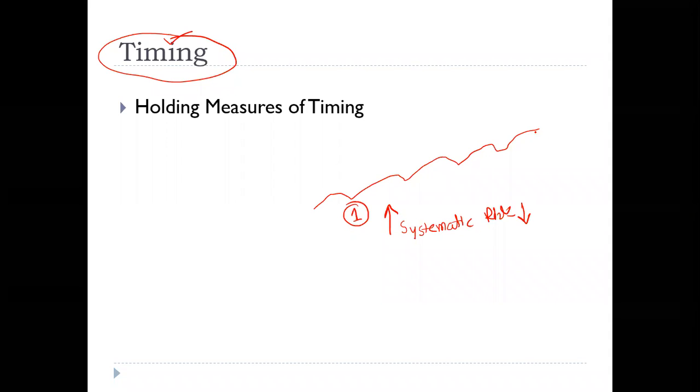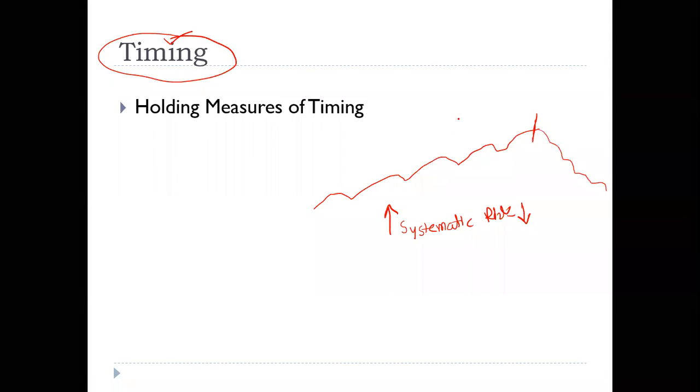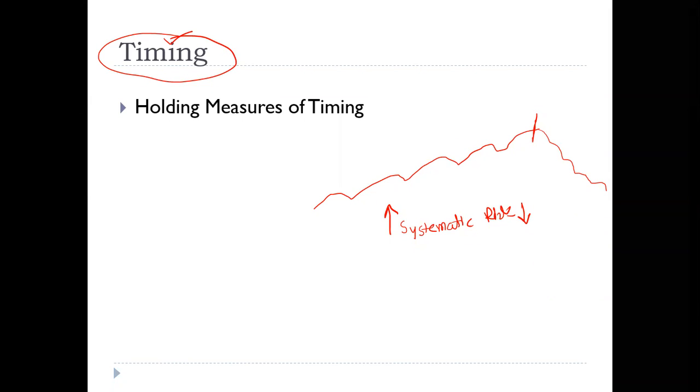And if you are anticipating that the market is expected to underperform in coming years, at this point, what will be your strategy? To decrease the systematic risk or increase the systematic risk? Sir, increase. You are anticipating that the market is expected to underperform in coming days. Would you go for raising your systematic risk at that moment?